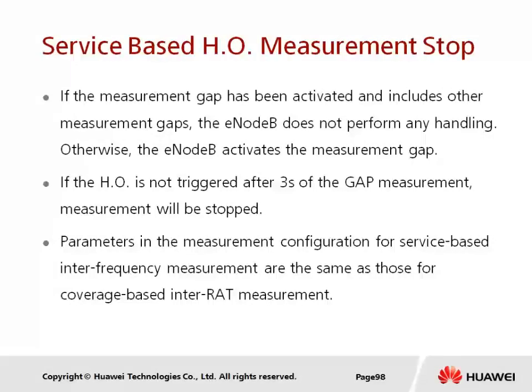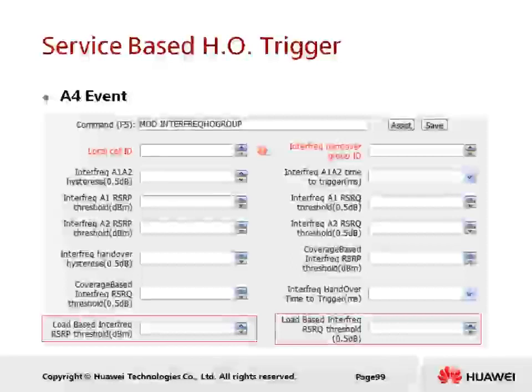The service-based handover measurement will stop if there is no trigger after 3 seconds of the gap. It means if the user has entered the measurement gap and it lasts for 3 seconds but there is still no handover trigger, then the measurement will be stopped. The parameters in the measurement configuration for service-based handover are exactly the same as for coverage-based interfrequency handover.